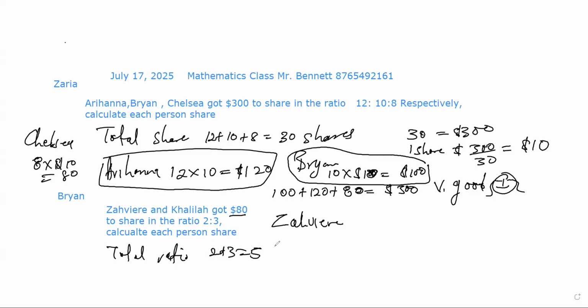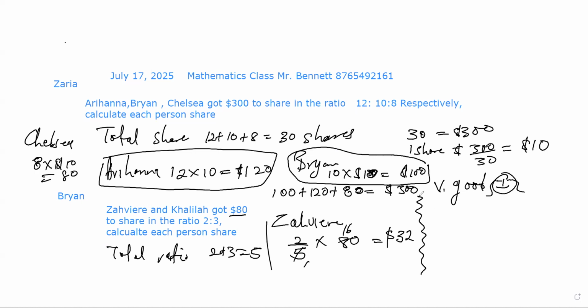And then for Zaria, it's going to be 2 over 5 multiplied by 80. You're going to see how many 5s you can get out of the 80, which is 16. And then you multiply the 2 by the 16, which gives you 32.